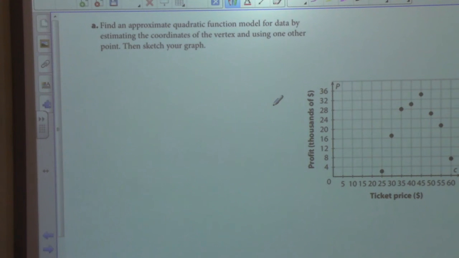Do you see where he's going back to? What we did to find the vertex? I just don't know the vertex.